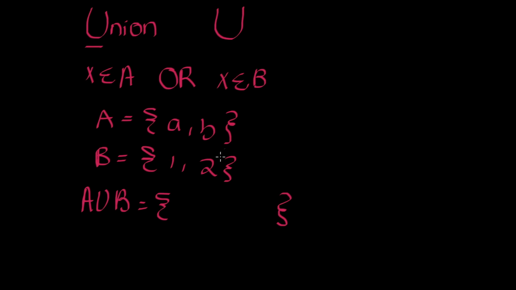So A union B will just be everything because it's either in A or it's in B. So that's going to include everything.